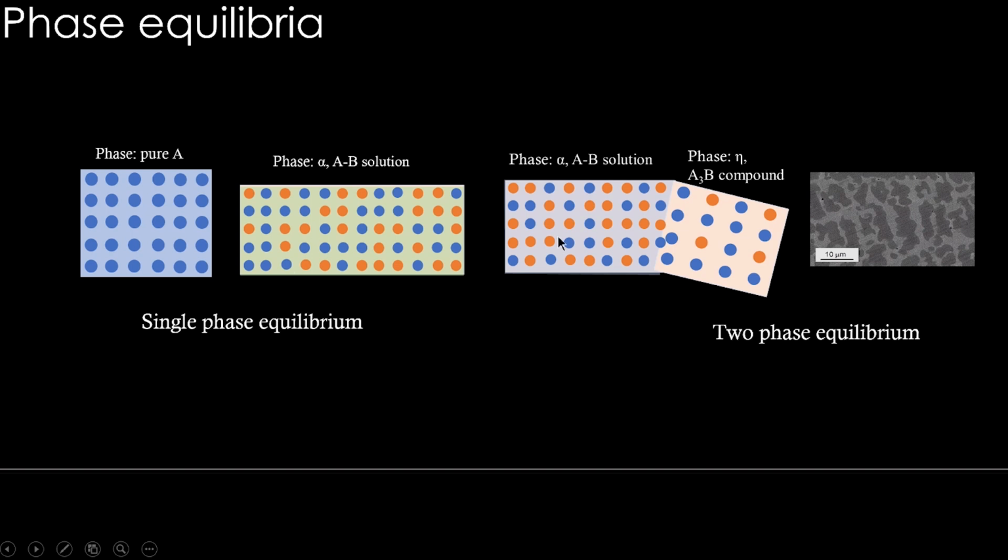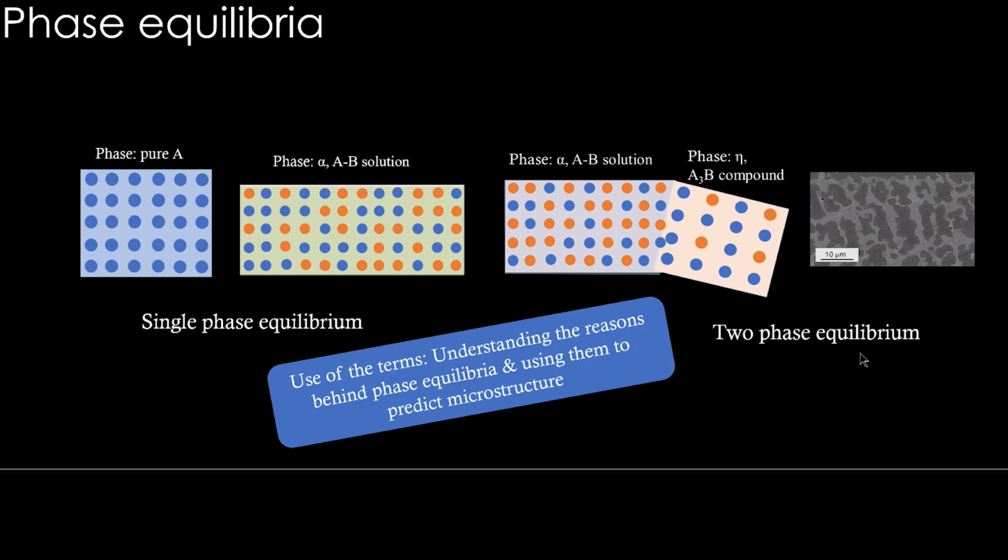And if we have alpha and eta or this light gray, dark gray, chromium rich phase and copper rich phases, we call that two phase equilibrium. So like this, even multi-phase equilibria is possible. All these terms that we have understood in this class will be useful for us to understand the reasons behind the phase equilibria and use them to predict microstructure.